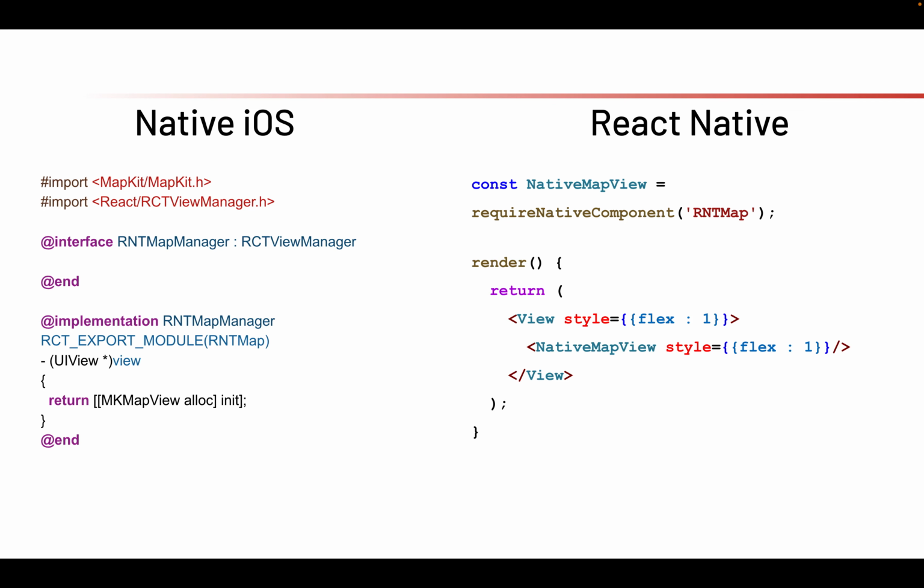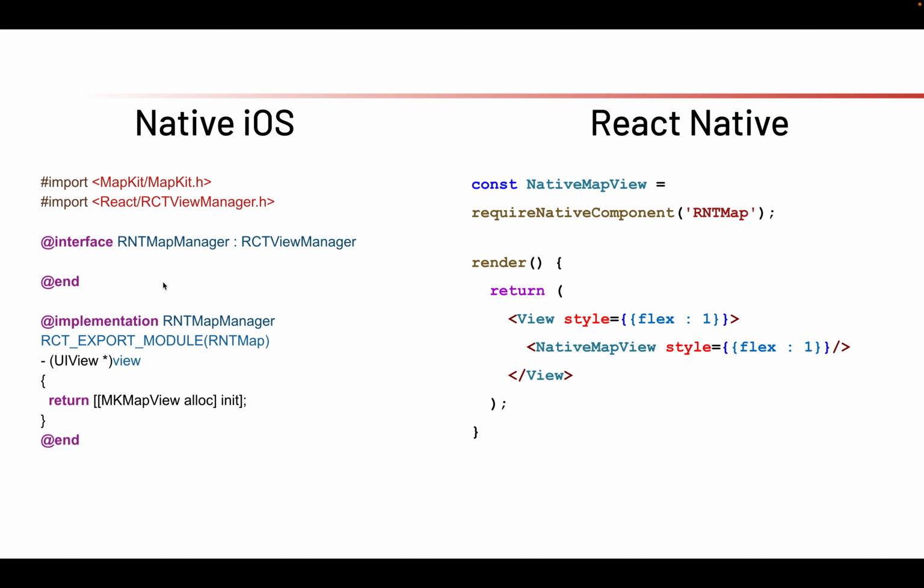So here is a sample code to explain how we create the view component in native iOS, and how we can use that native component in React Native. In native iOS code I'm importing the MapKit framework here, and also RCTViewManager. I'm using MapKit because in this example I'm trying to show the Apple map view in the React Native application.